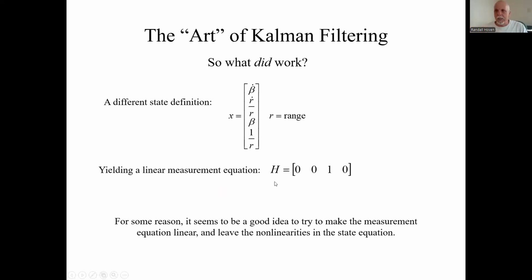Me and at least another guy that worked on these things somehow thought it's good to keep your measurement model linear or more linear and leave your nonlinearities for your state, your process equation. But anyway, the whole point is there's some art to this when it gets to this level.